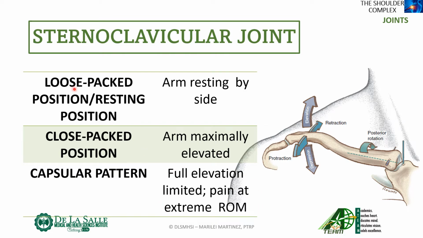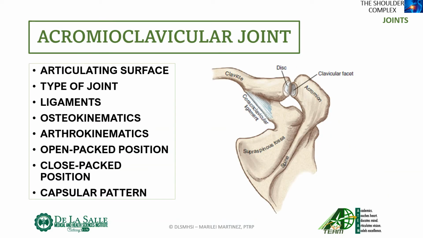For the open pack position, it is arms resting by the side, and for the closed pack position, arm maximally elevated. For the articular surface of the acromioclavicular joint, we have the lateral end or the acromial end of the clavicle and the clavicular facet of the acromion of the scapula.